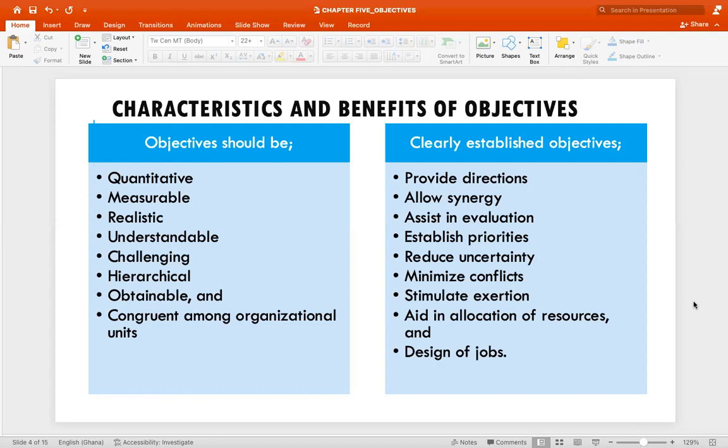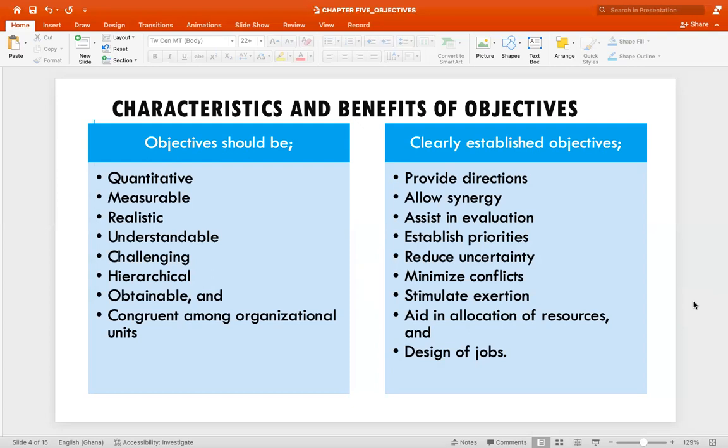So looking at this table helps us to understand, provides a summary of the characteristics and the benefits of objectives. Okay, so with the characteristics, objectives should be quantitative. All right. We just said that they should help you to be able to know whether you are making progress or not. So one key way is to try and make the objectives that you set for your organization a bit quantitative.